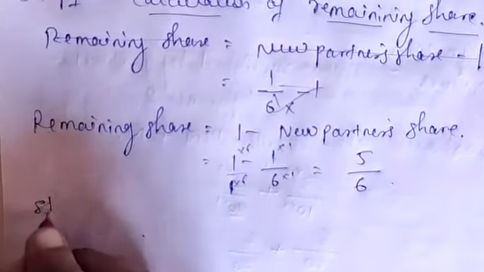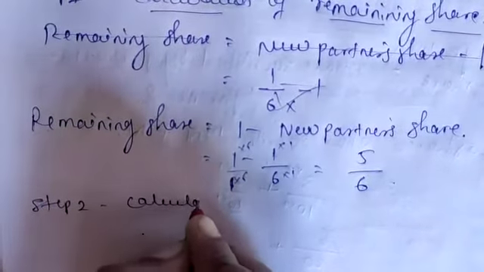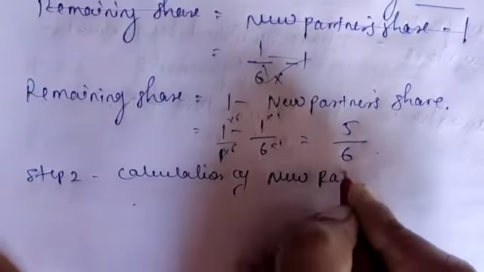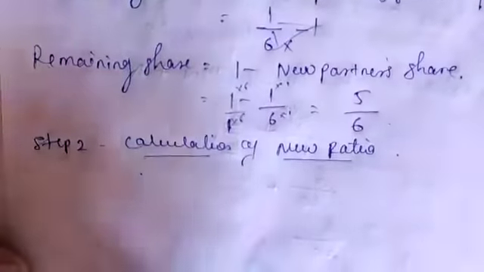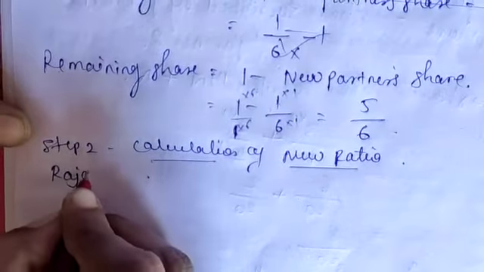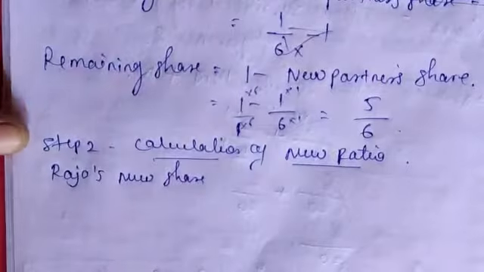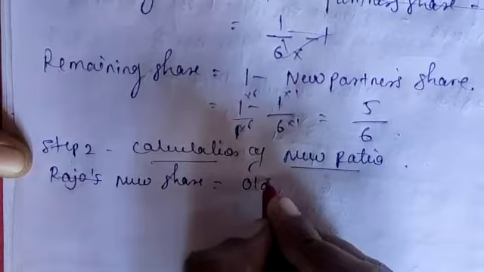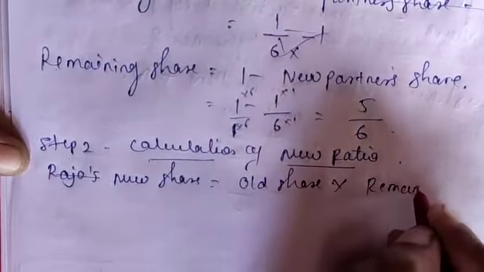The next step is step 2, the calculation of the new ratio. First, who is the first partner? Raja. Raja's new share. First you write the new share formula, that is old share into remaining share.